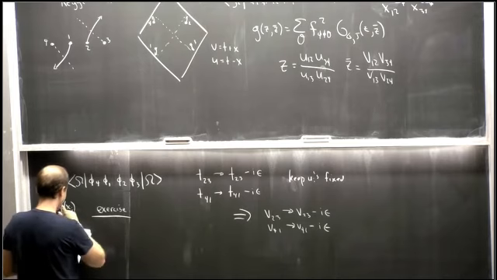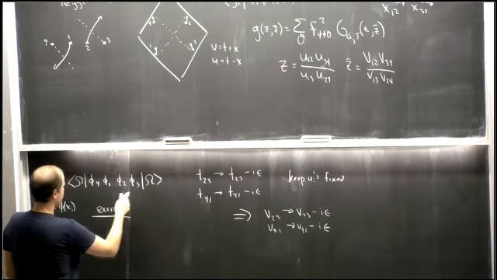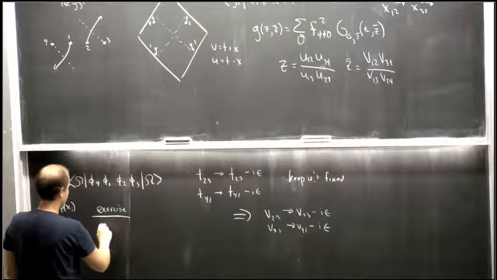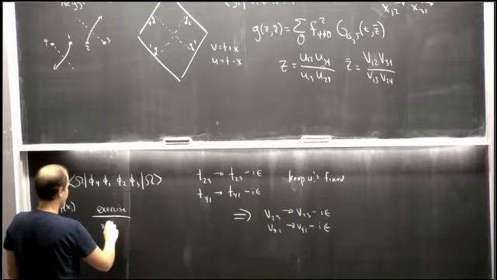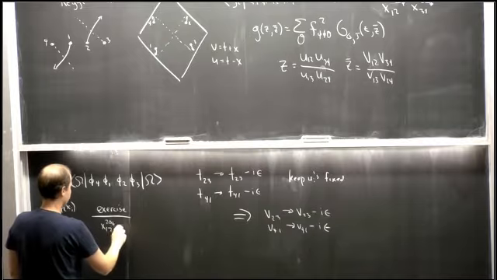So first of all, for this correlator that we're looking at, let me write it in terms of something that's just a function of cross ratios.